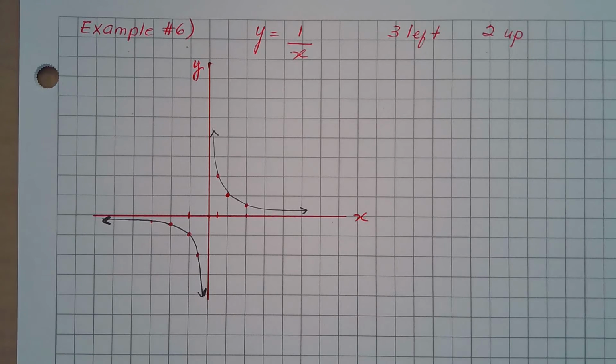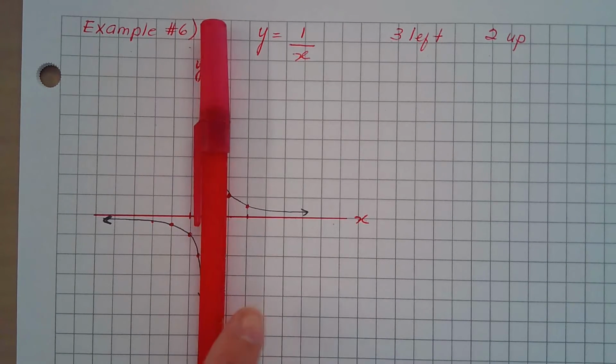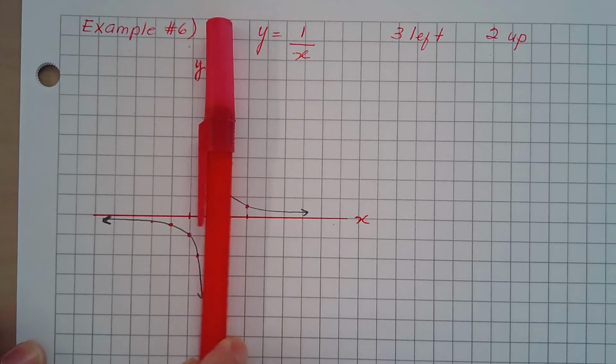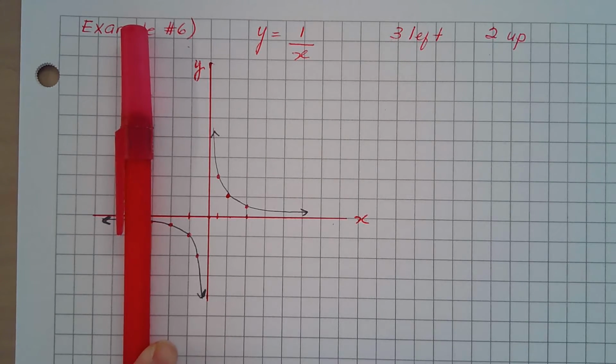The points move. The asymptotes, both of them, will also move, right? So this vertical asymptote, because we're moving it to the left, will also move to the left. Can you imagine that in your mind?